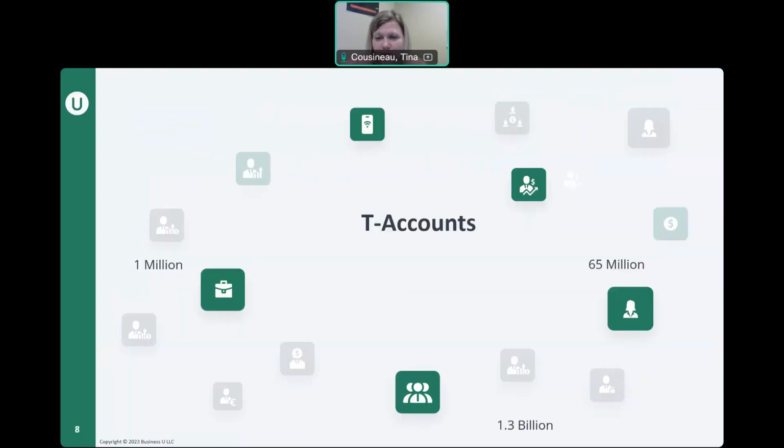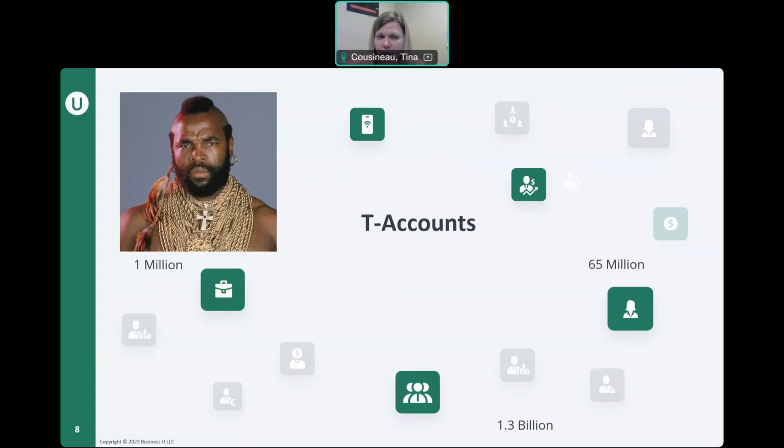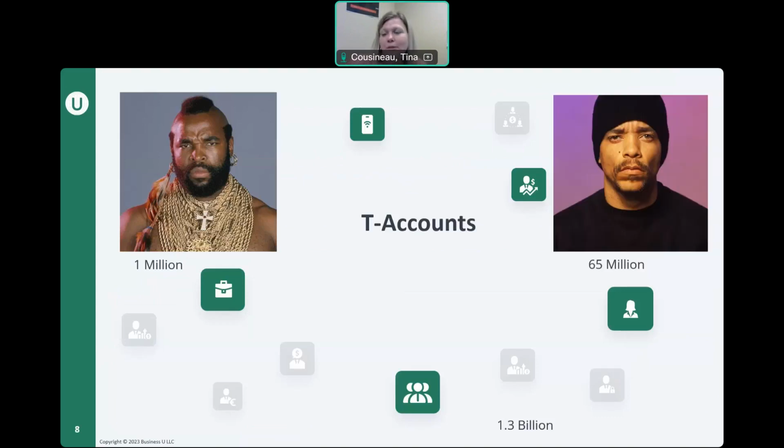So let's talk about some T accounts. I have some numbers thrown up on the screen there, and I'd like to introduce you to a few of my favorite T's. So first and foremost, you have Mr. T. Mr. T is a famous actor. If you don't know who he is, I pity the fool. Another famous rapper we have is Ice-T.